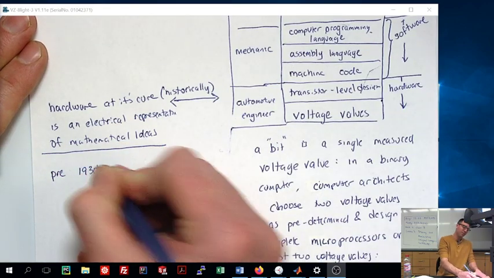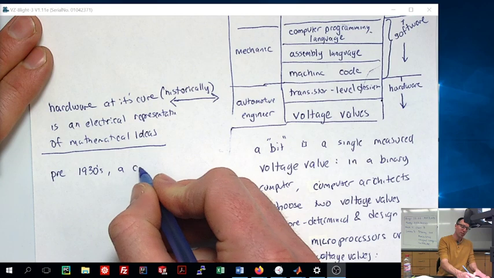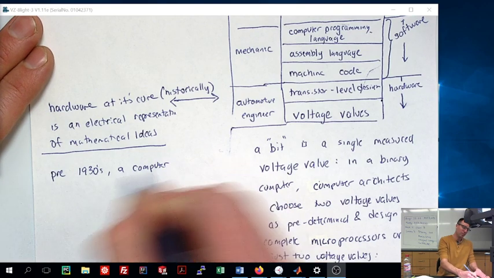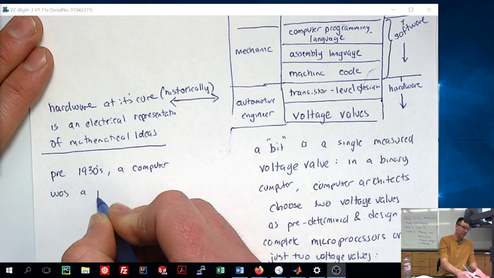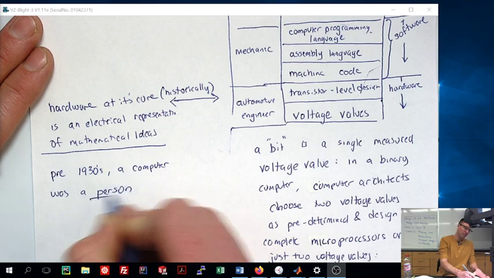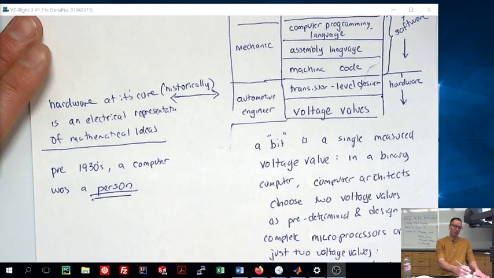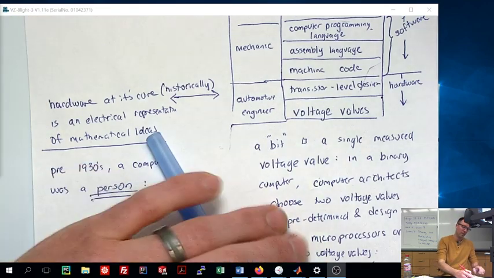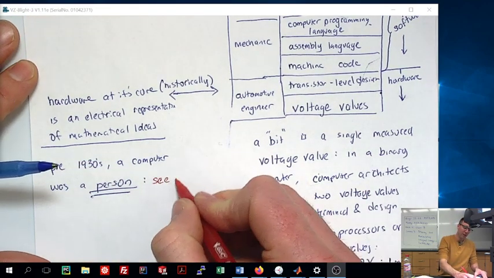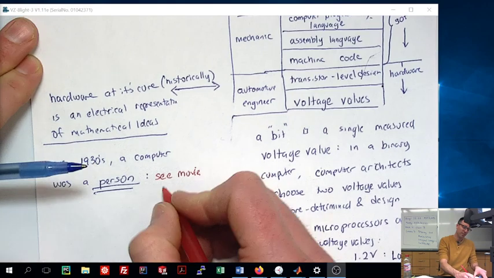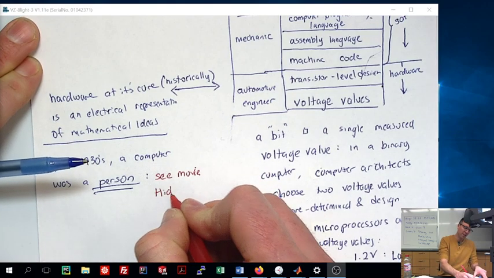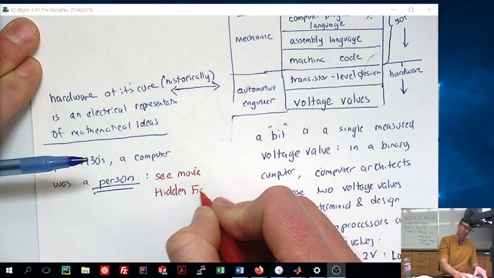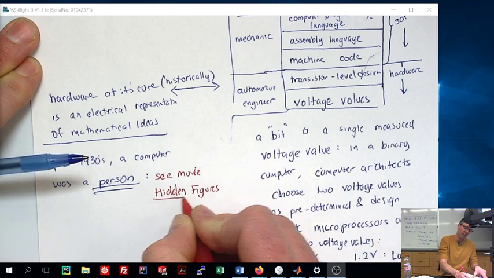Pre-1930s, do you know what a computer was? It was a machine that did computations. See the movie, I'm serious about this, Hidden Figures. It's a great movie.